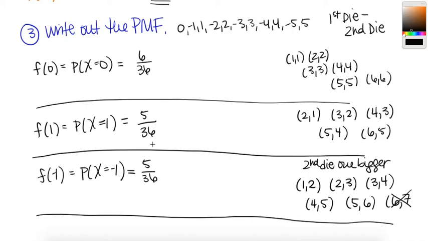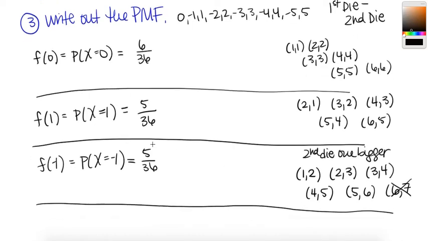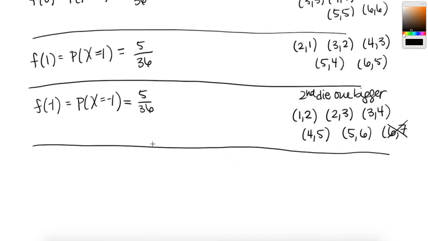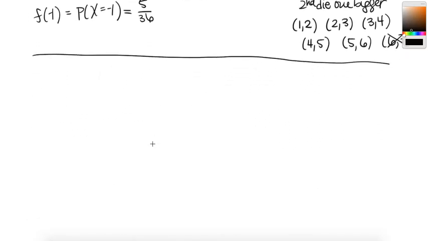All right, and we're just going to write all of these out. You can probably already tell it's kind of tedious. Okay, we did 1 and -1, so let's do 2 and -2. Okay, so the difference is 2. We want the first die to be 2 bigger.